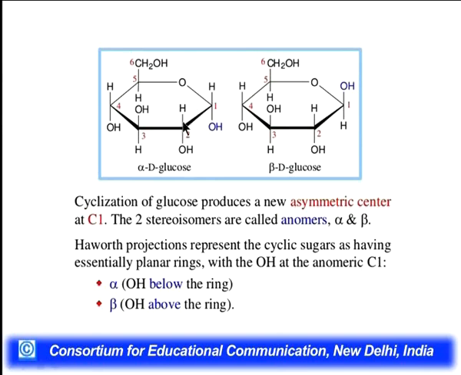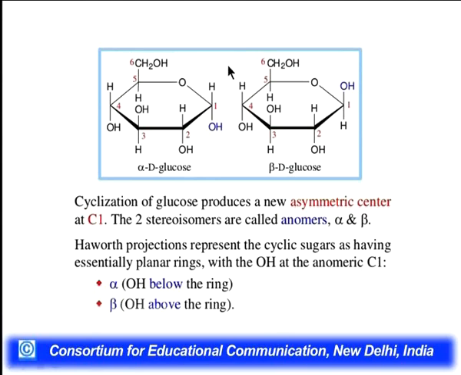Now since it is a D isomer, please remember this CH2OH has to be on the top, attached to the fifth carbon. If it was the L configuration, then in this case CH2OH would be facing downside here.